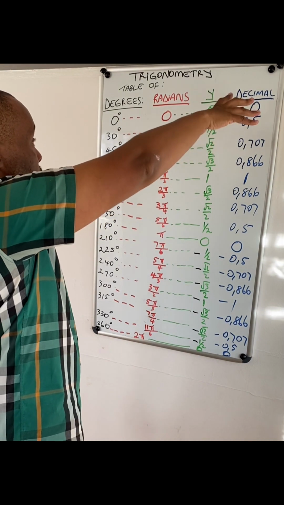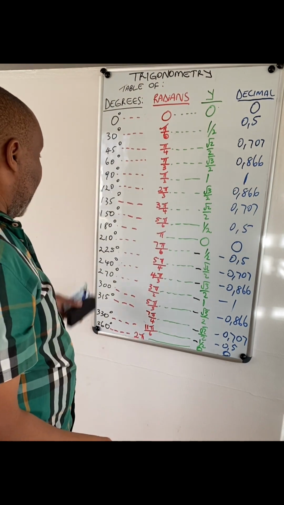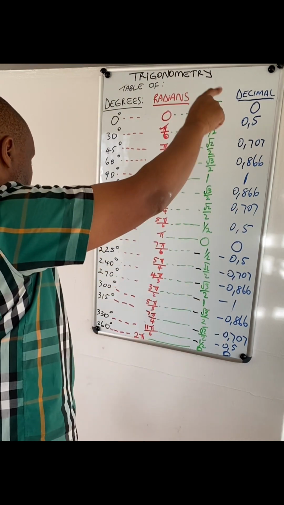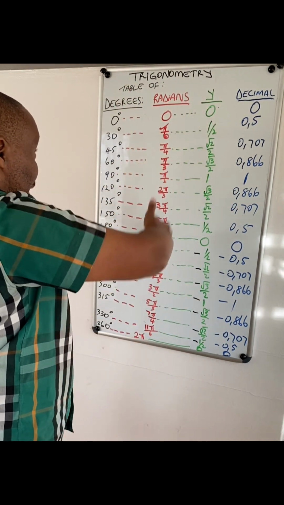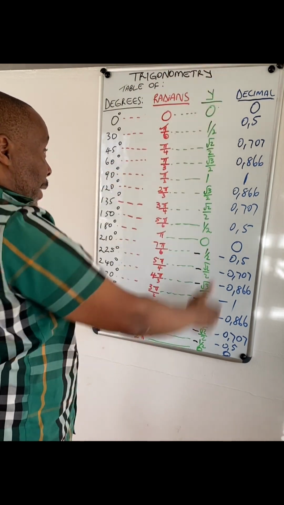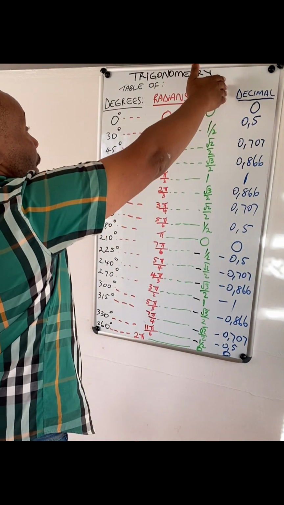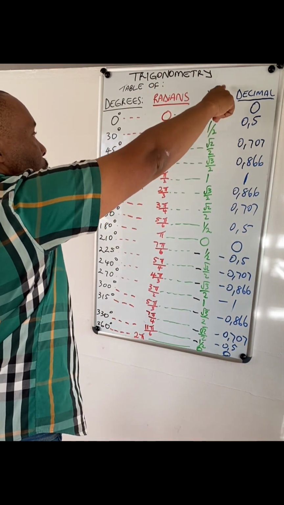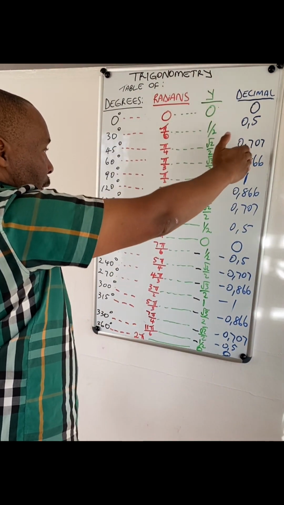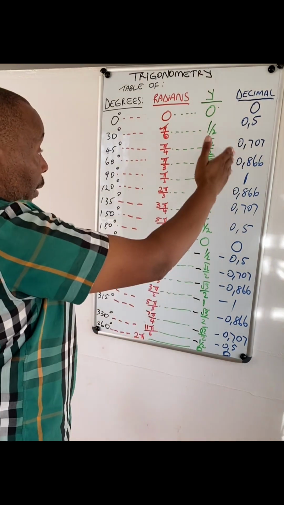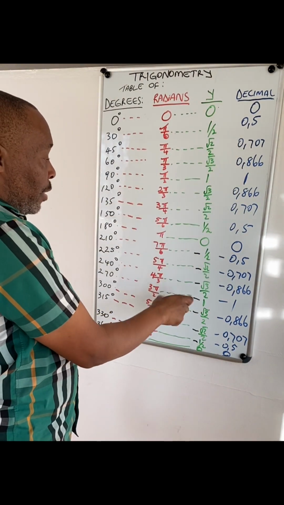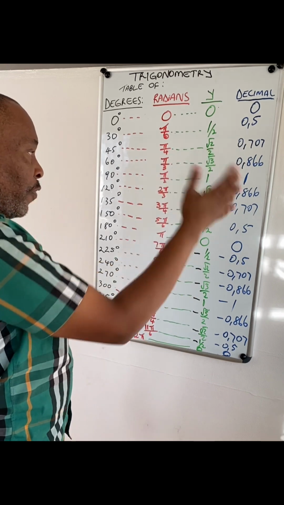We used a circle to explain all these angles from 0 degrees to 360, the radians, the y value, and its decimal form. Maybe I could put the x value, but once you put the x value, the signs change, because the graph is a bit different.